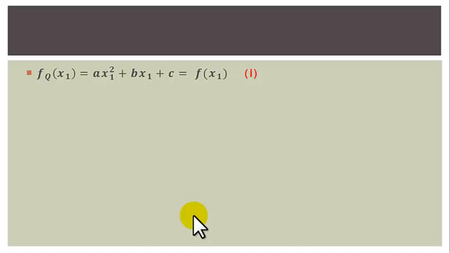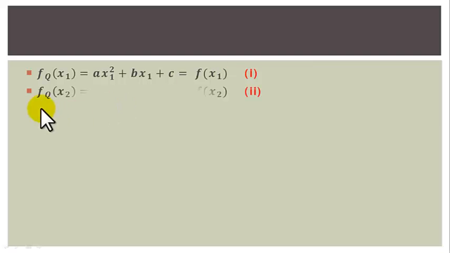Now, to obtain the values of our parameters a, b, and c, we express the function fq of x at these 3 points. So at x1, fq of x1 is ax1 squared plus bx1 plus c, and this is equal to f of x1. We number this as equation 1.